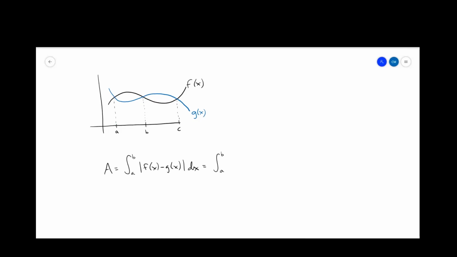And here again, you can just sort of ignore which function is bigger and just take the absolute value. However, the bounds do have to be, oops, I think I should probably fix that. There should be a C up here, I guess.